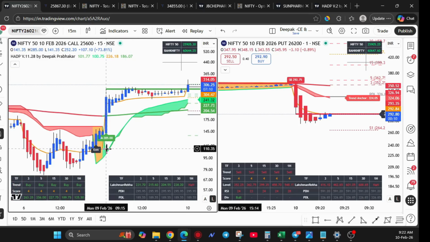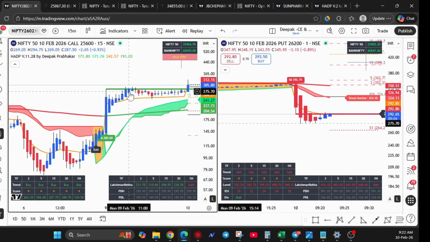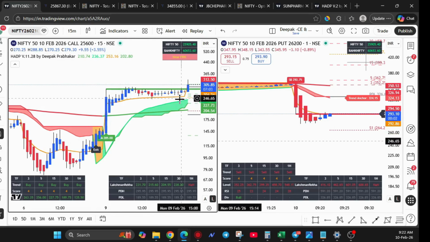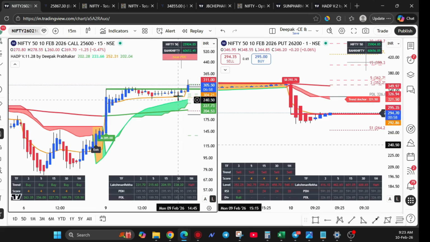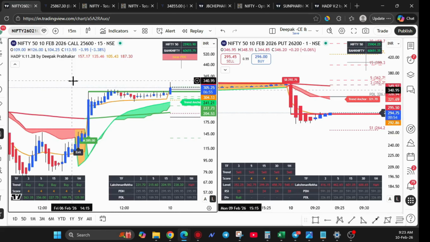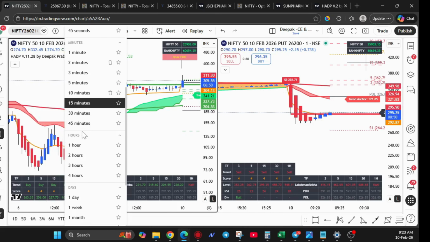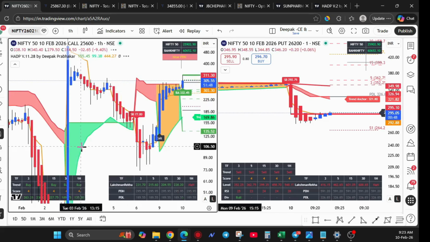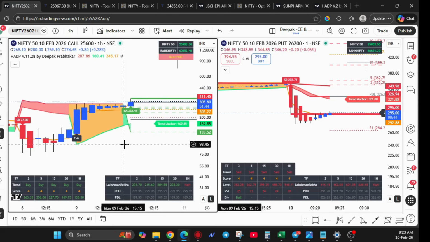That too at 9:15 yesterday morning, right? The whole day it was consolidating, right? So you can see that it broke the high. It was consolidating, and today it has given you that move from 285 to 332 on a 15 minutes candle, right? On a 1 hourly candle, it is now printing 332.45 above.